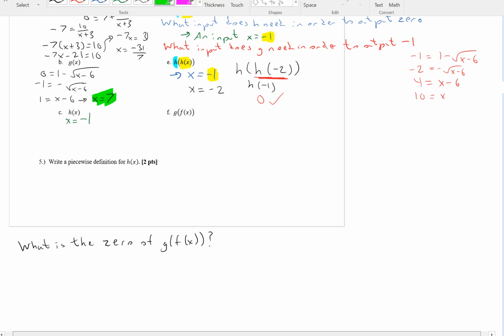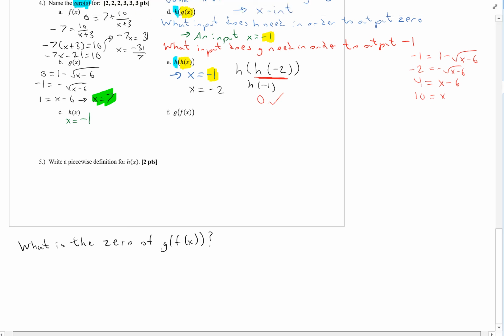We already solved that. We already know that g needs an input of 7 in order to output 0.